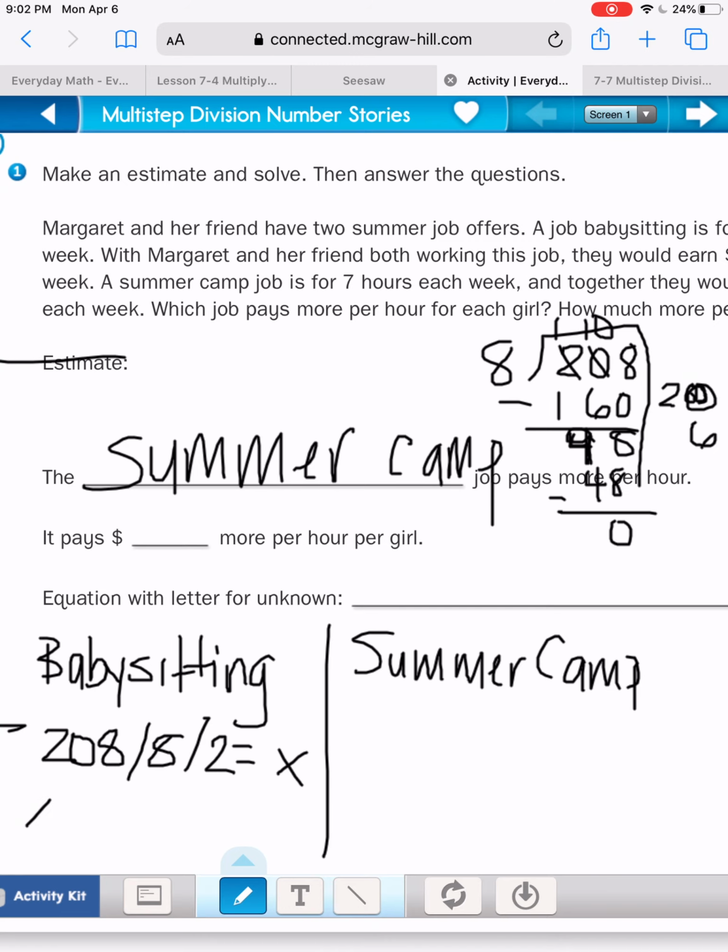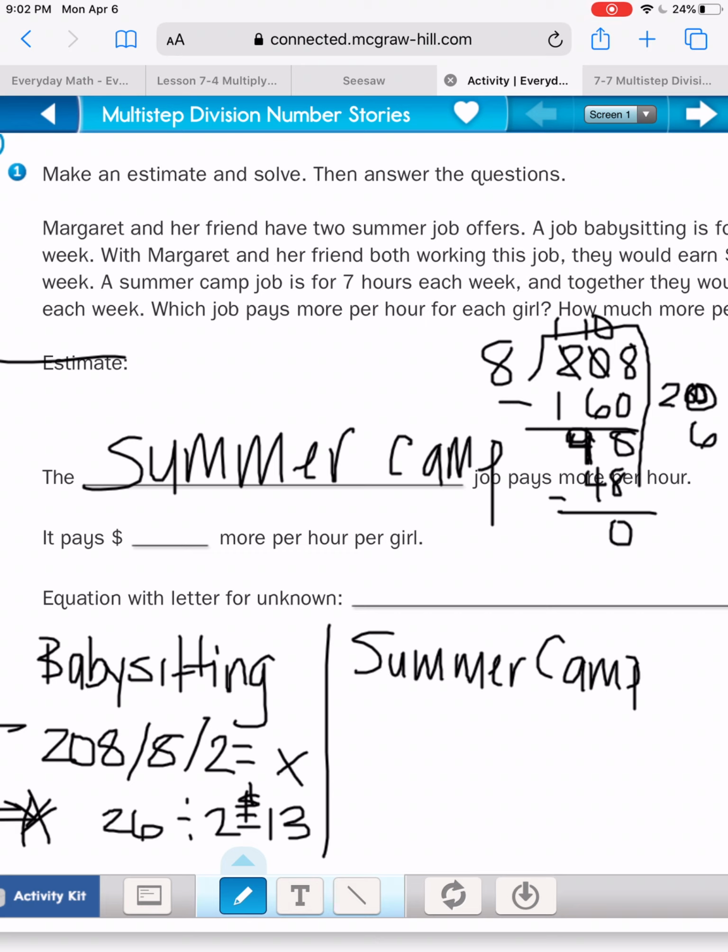So for this job, boys and girls, it is $26 an hour that the girls would be making together. But if I divide it by 2, that means each girl would be making $13 per hour. All right, now we're going to do the exact same thing for the summer camp.